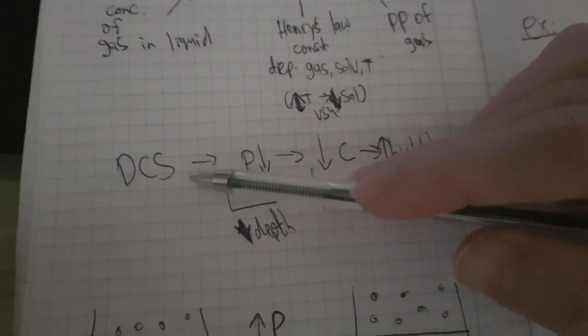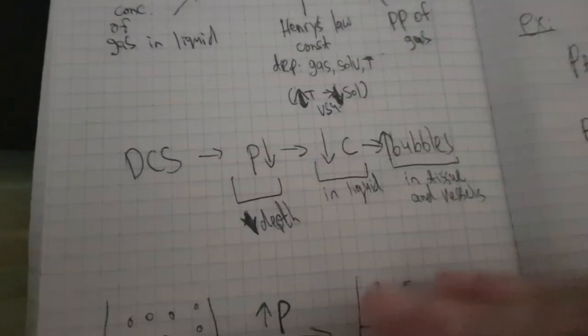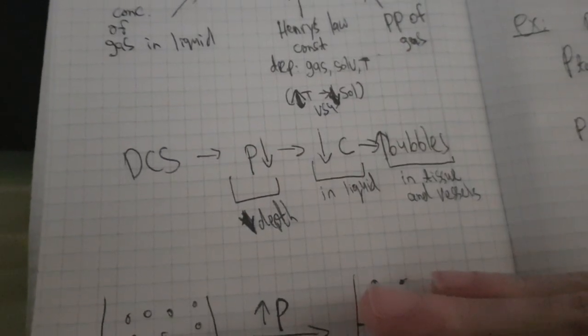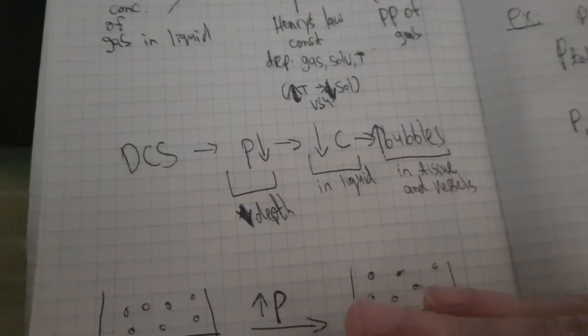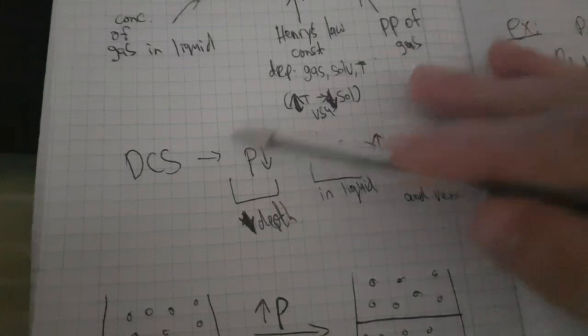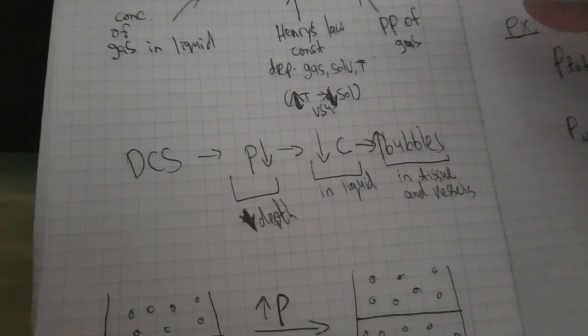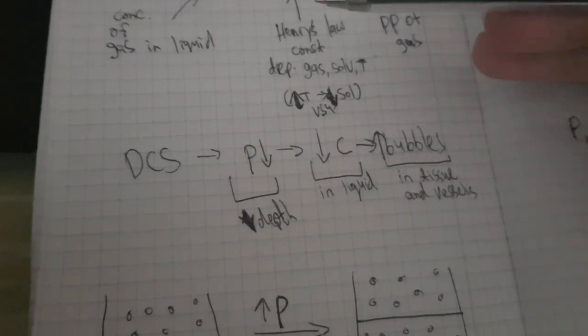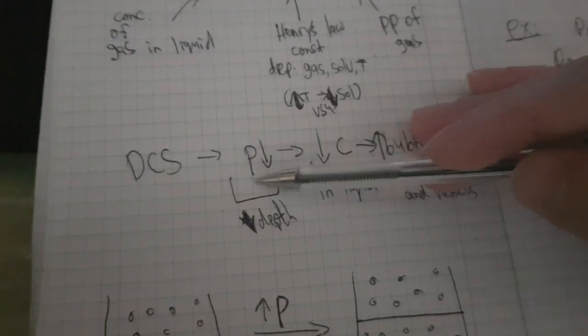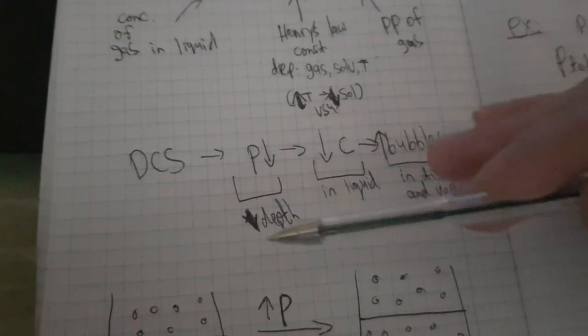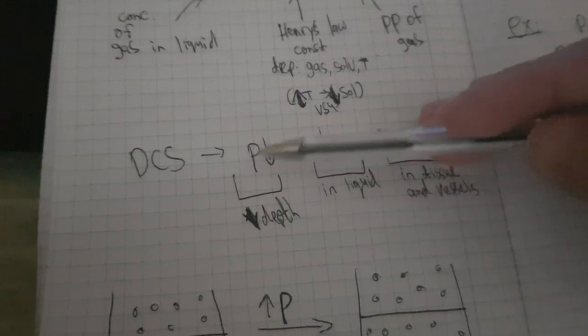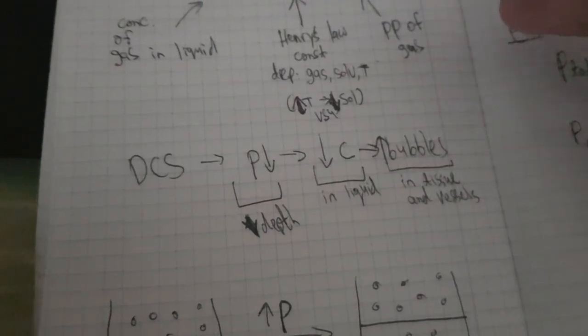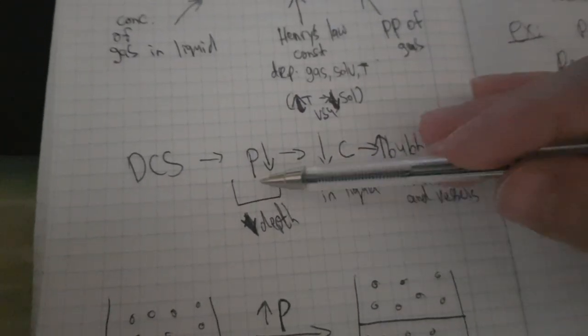So what we see in decompression sickness in divers is after they dive, when they dive the pressure increases, but when they go up, the pressure decreases. So the partial pressure of the gas inside their body, especially nitrogen, also decreases. So as they ascend, the pressure of the nitrogen in their body decreases.